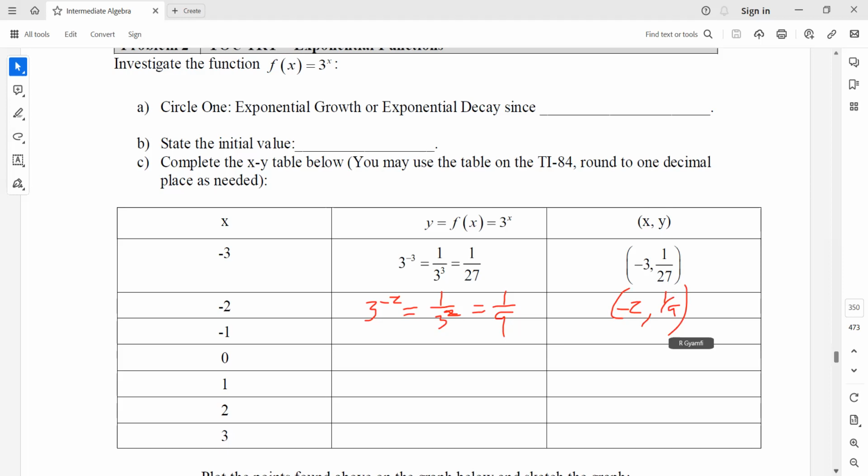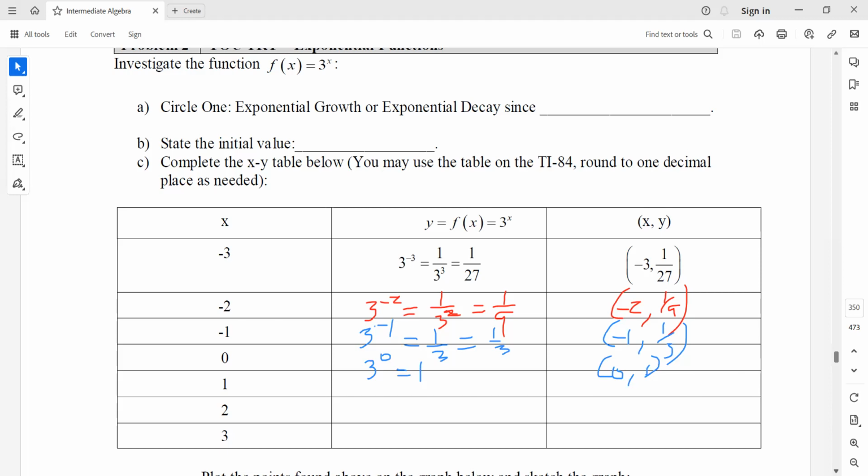Now when x is -1, you have 3 to the power -1, which equals 1/3. So -1, 1/3. And when x is 0, you have 3 to the power 0 equals 1. So 0, 1.